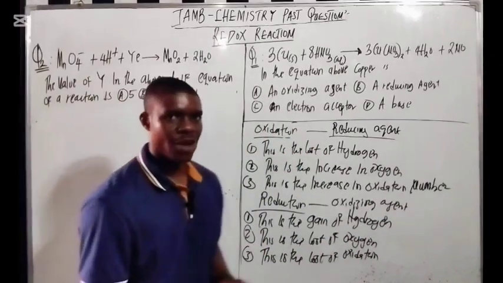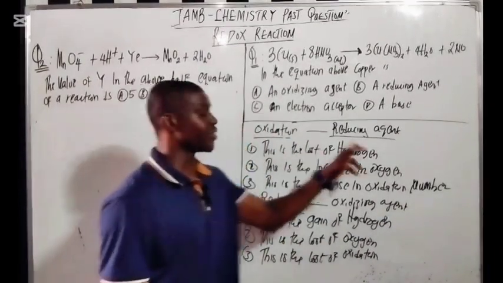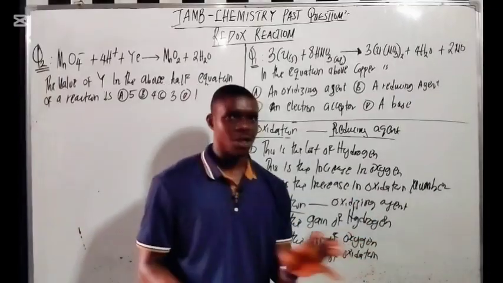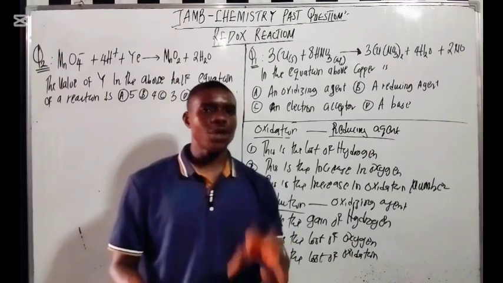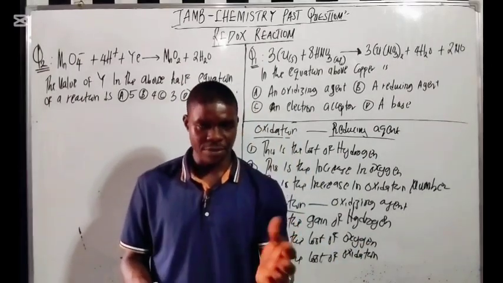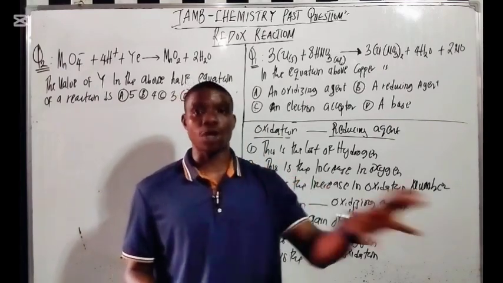You have to understand this. So if a question says which of the species or ions is an oxidizing agent, what they're asking here is which of these is the reduction.